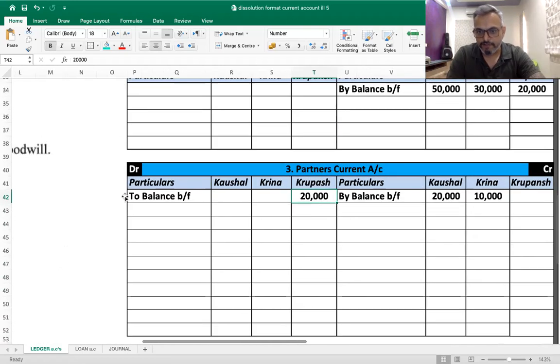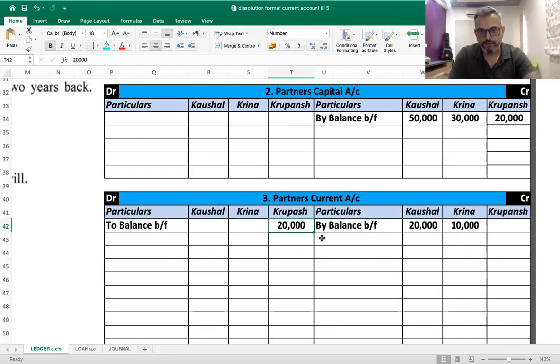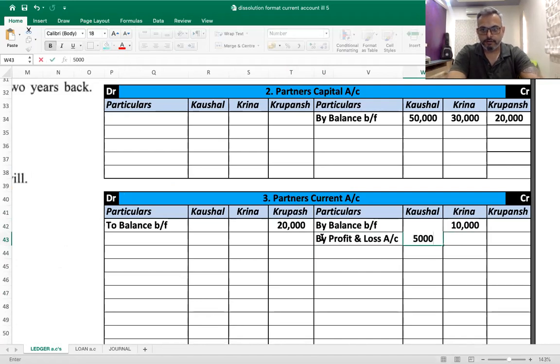But here we have current account. So instead of capital account, we transfer it to current account by profit and loss account. 1 lakh, so 50,000, 30,000, 20,000. 5:3:2.